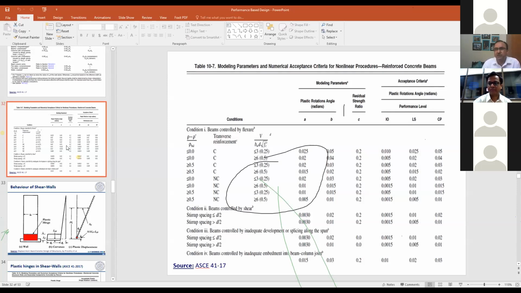So in case of interstory drift, it is difficult to define. Many people have tried to define some acceptance criteria, some performance levels based upon global parameters, but those are difficult to define, with no success so far. So mostly in ASCE 41, we depend on the performance of individual components, and we like to ensure that none of our members should exceed the targeted performance. That's what we ensure.